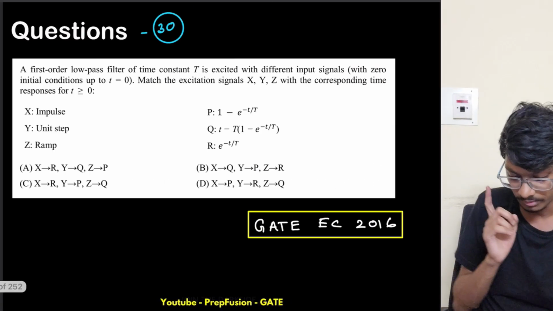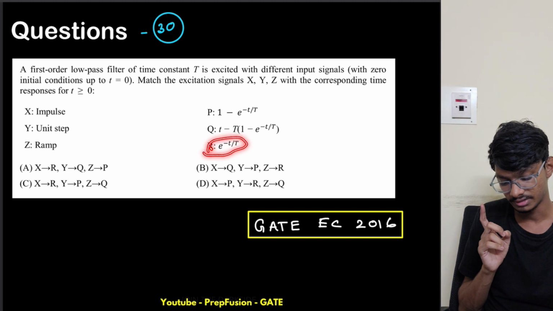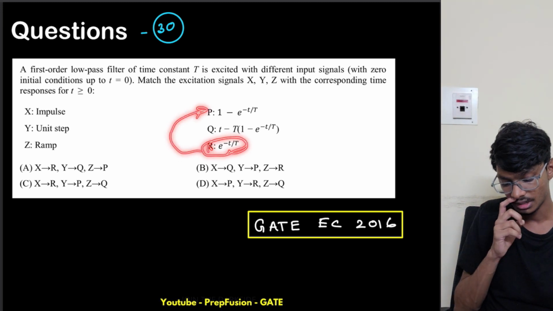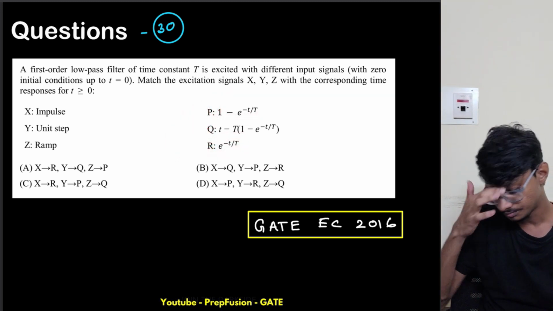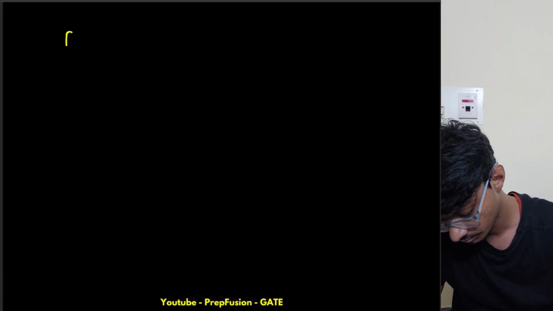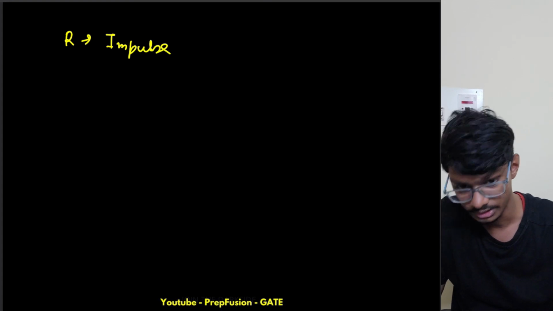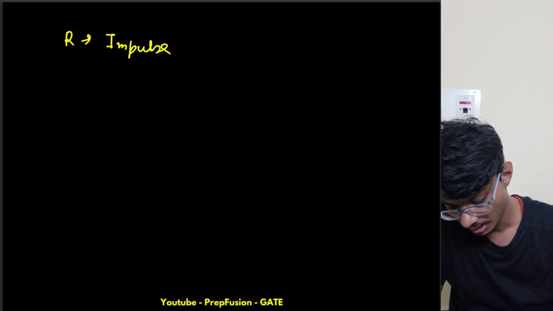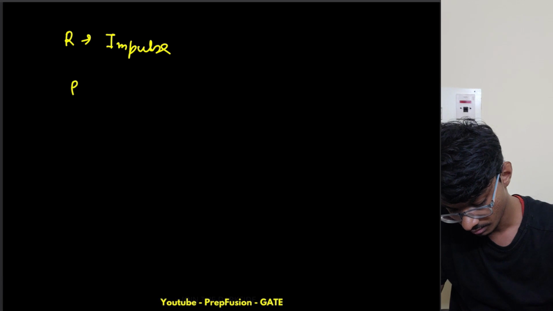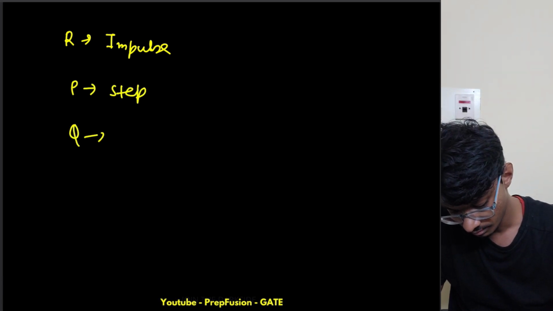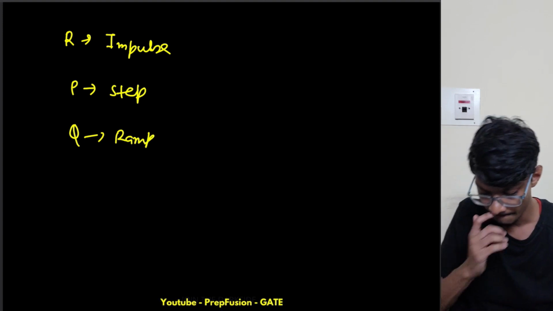Here, what I am observing is, if I integrate this, I'll get this one. If I integrate this, I will get this one. So R will be impulse, P will be step, and Q will be ramp. Okay, Q will be ramp.